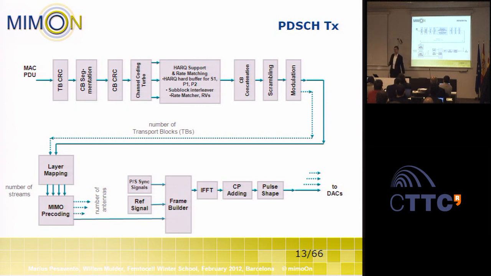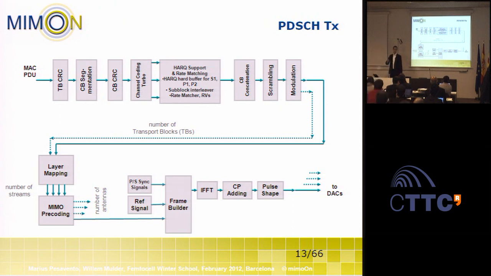And this, of course, depends on the channel conditions. If we have very good channel conditions at the user equipment, which is reported from the user equipment, then only a few bits are selected to be transmitted. And if this transmission was successful, the user equipment will send an acknowledgement. In this case, this hard buffer can be emptied and another transmission can be initiated.